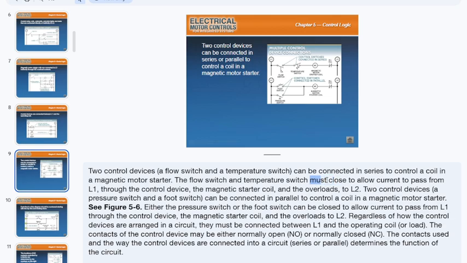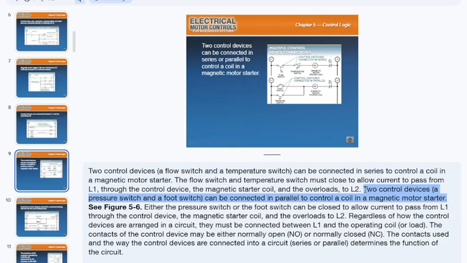They must close at the same time to allow current to pass from L1 through the control device and finally get to the coil. All right, must close at the same time. Again, as always, I'm going to simplify this note, very long paragraph, but feel free to highlight this as well because it is straightforward. Now, the next one.